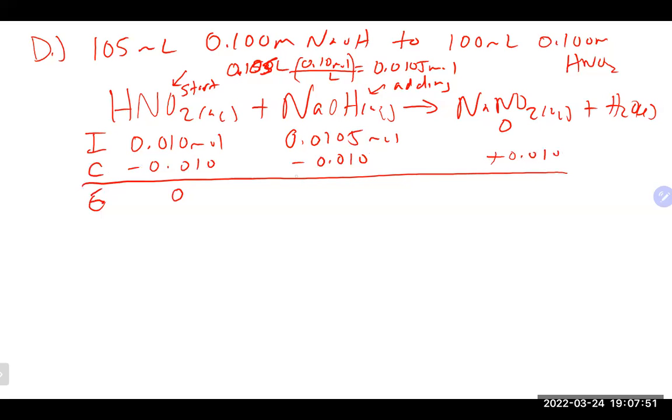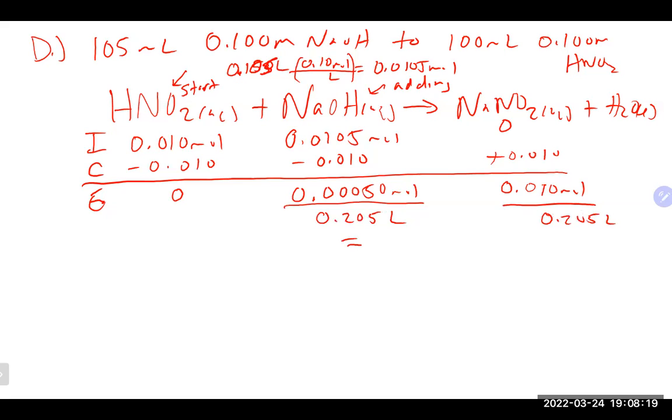You will end up with 0.0005 moles and 0.010 moles. Our total volume at this point is the 100 milliliters we started with and the 105 that we added. That is 205 as our total volume, which means we will divide these guys by 0.205 liters.